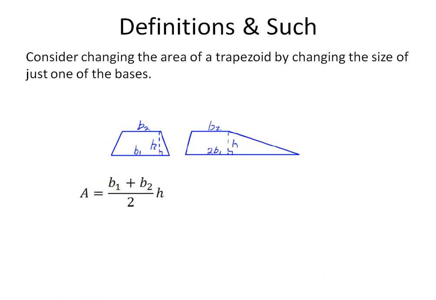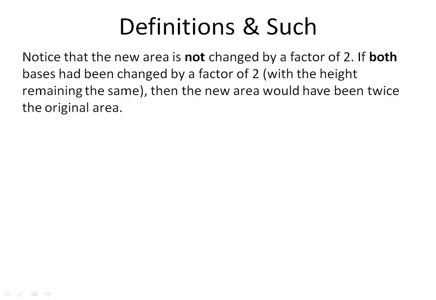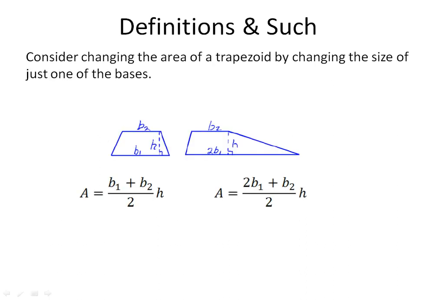Our area formula for the trapezoid is B1 plus B2 divided by 2 times the height. So our new area is going to be 2B1 plus B2 over 2 times the height.